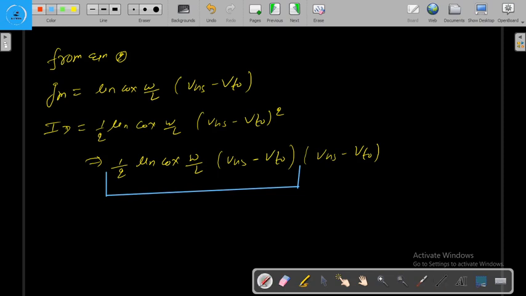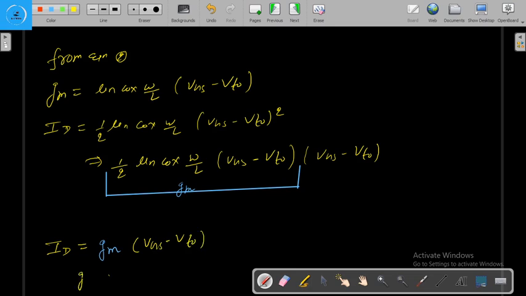So we can write here Id will be equal to gm, because this is nothing but the transconductance, gm into (Vgs − Vt0).